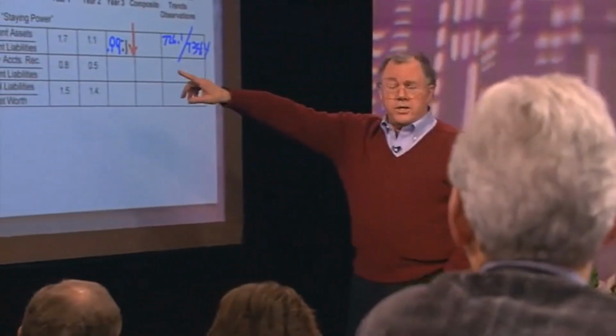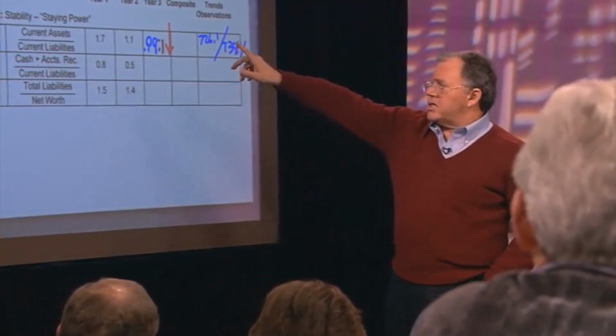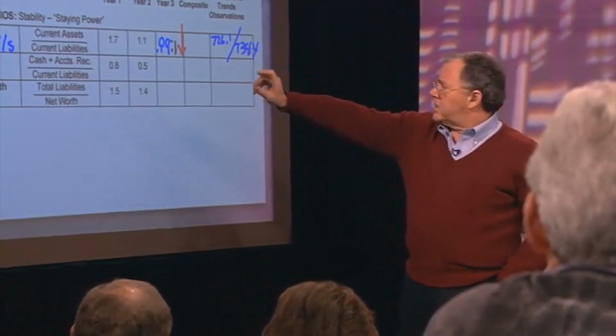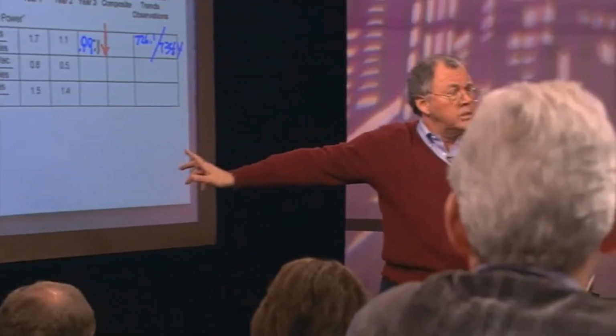And let's just put this one in words. For every $1 of, what's the bottom? Current liabilities, he's got how much? 99 cents of current assets. So for every dollar going out, he's got how much coming in? 99 cents. Can you see that there's a slip between the cup and the lip?